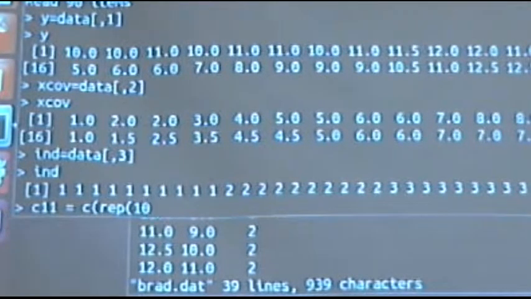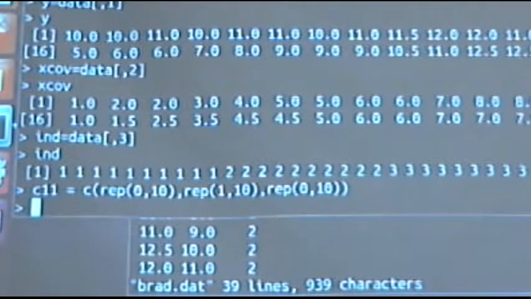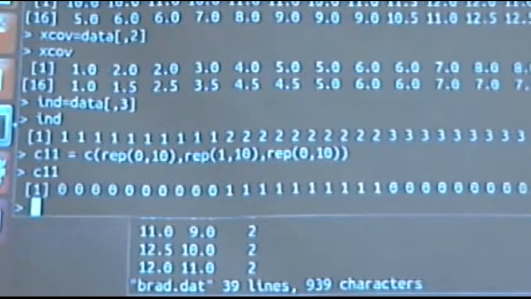About 10 zeros, right? So there's my C11. That's going to be the second treatment, right? Then I need C12. And I could actually back up and just fix this one, right?